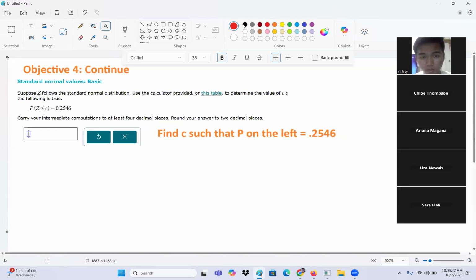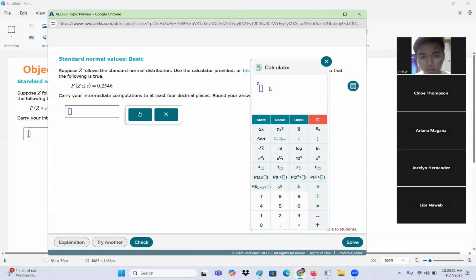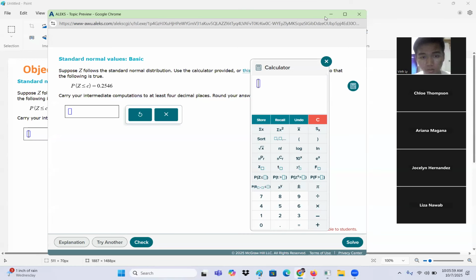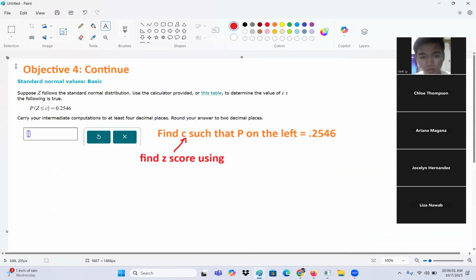Let me just put it down real quick, using this syntax on the calculator. I just want to make sure we know what it is.